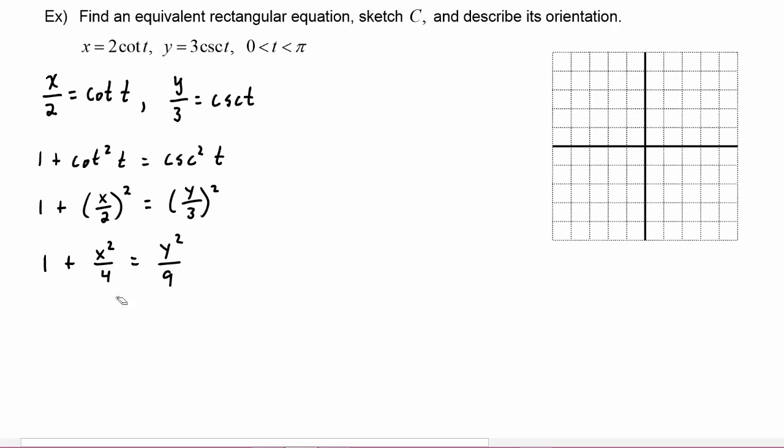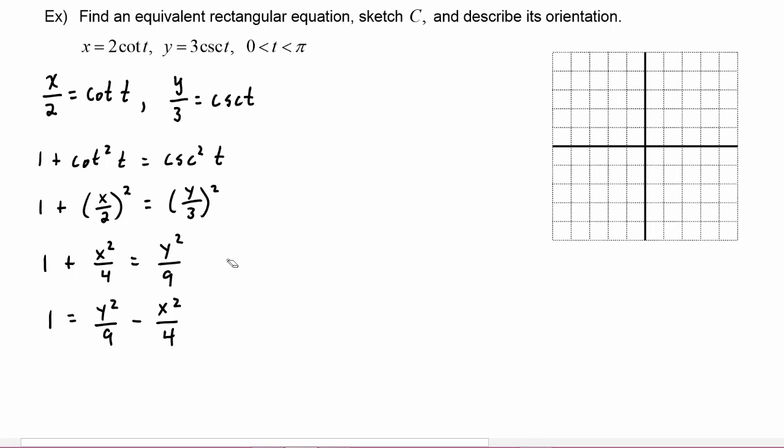Next, we will take the x squared over 4 and bring it over to the right-hand side, so it becomes 1 is equal to y squared over 9 minus x squared over 4. Now the reason I knew to do that rather than bring the y squared over to the left-hand side and move the 1 over to the right-hand side is because if I took the 1 and moved it to the right-hand side, it would become -1.